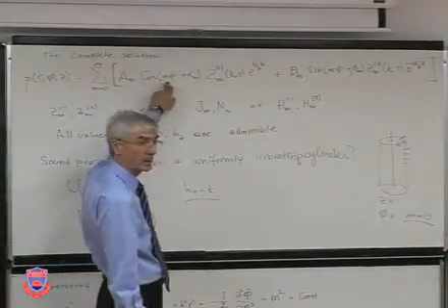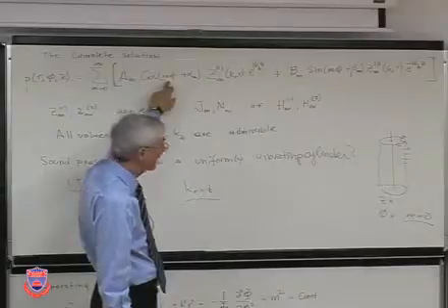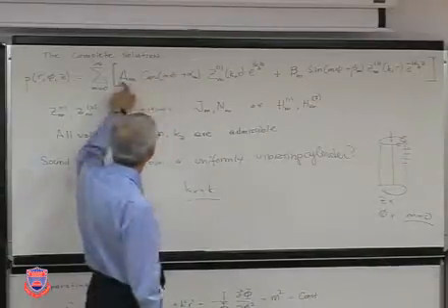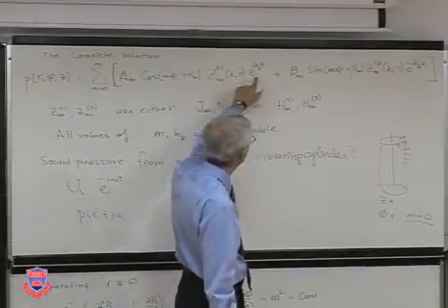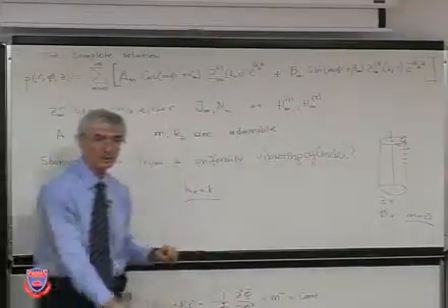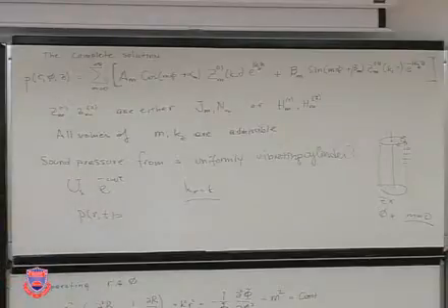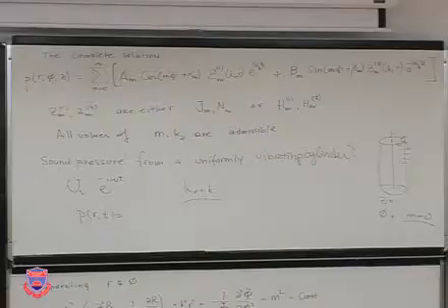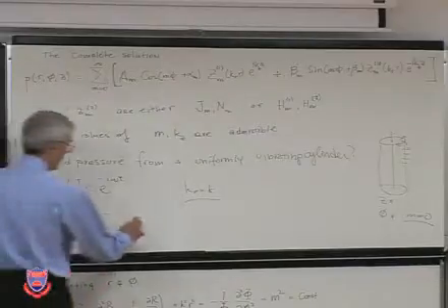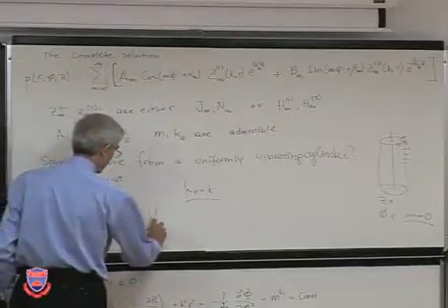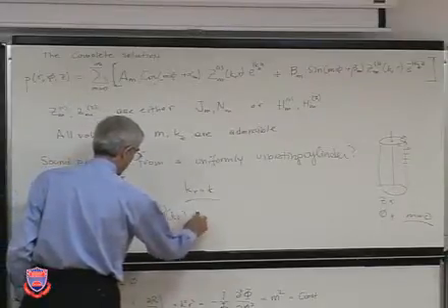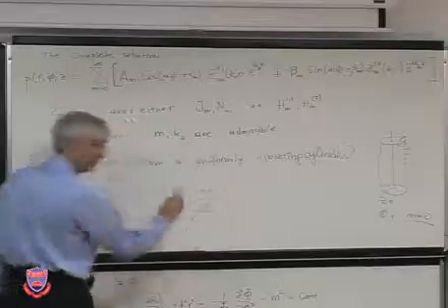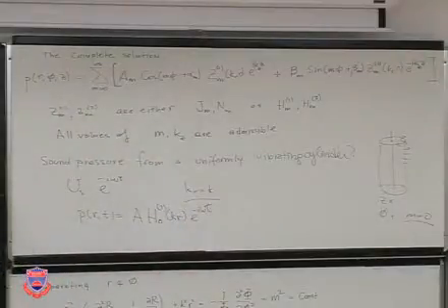There's no angular dependence. M is equal to 0. We have 0 here, and there's no z dependence. If it's just purely radiating, just like before, we would have the Hankel function, very simple.